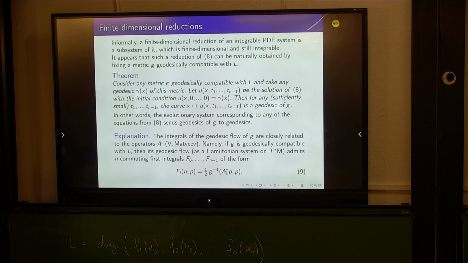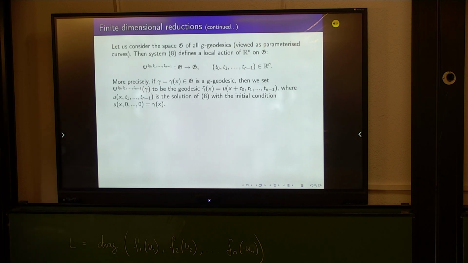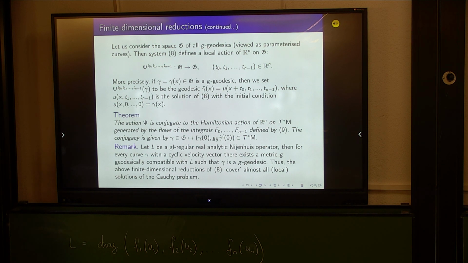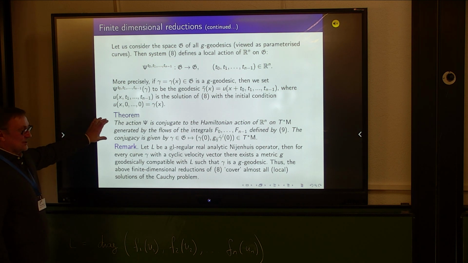One more interpretation of this result is as follows. Our PDE system describes some evolution on the space of geodesics, but this evolution is nothing else than the geodesic flow.